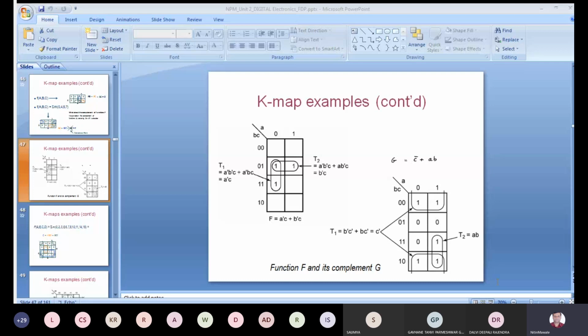The answer for that quad is R bar plus S bar in bracket, right? Then 13, 9, 11 and 15 is another quad. For that the answer is P bar plus S bar.